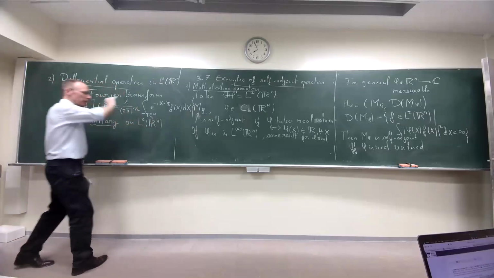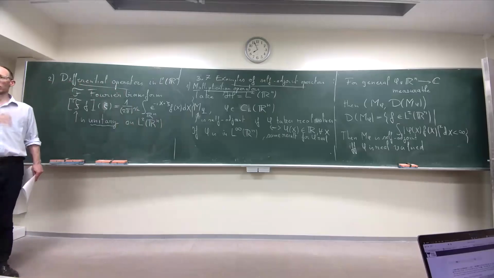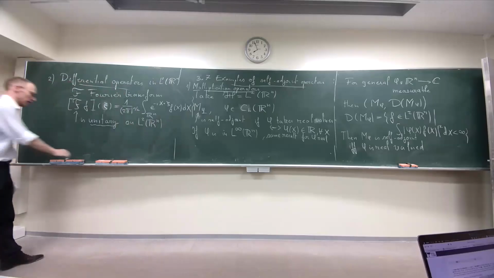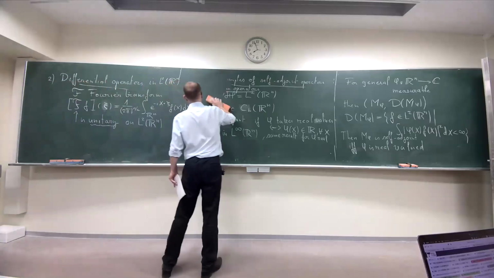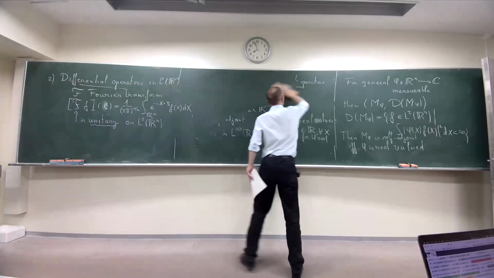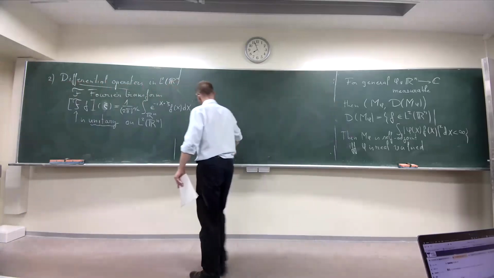Which means it maps L2 of Rn onto L2 of Rn bijectively and isometrically. So if you apply F, you don't see any change. You start from H, you get back to H. So question. In the chapter on distributions, I mentioned one more thing.